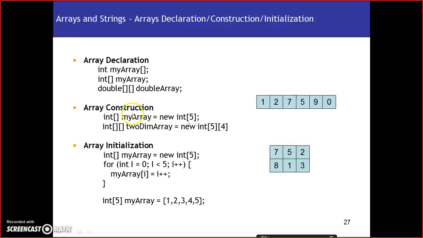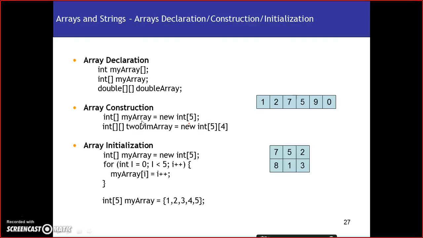That means whenever you say new int of 5, some memory is allocated to store five elements, and this memory is referenced by my array.